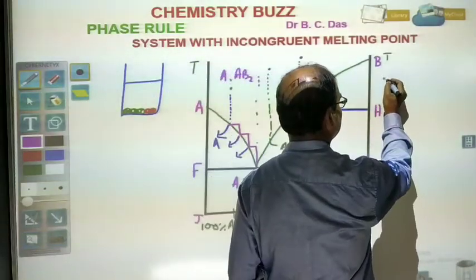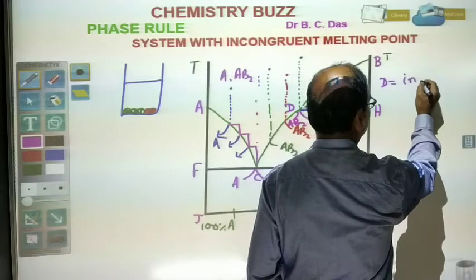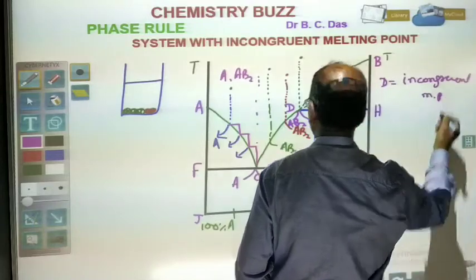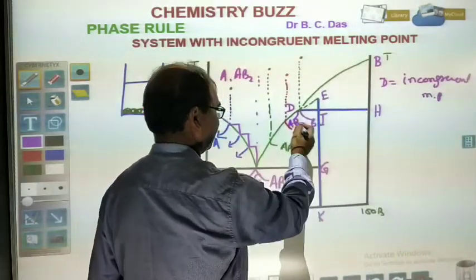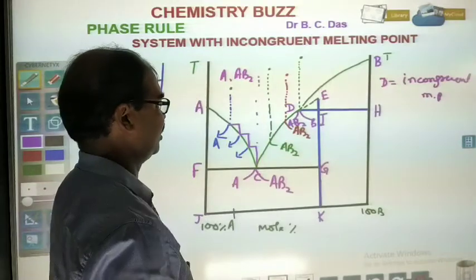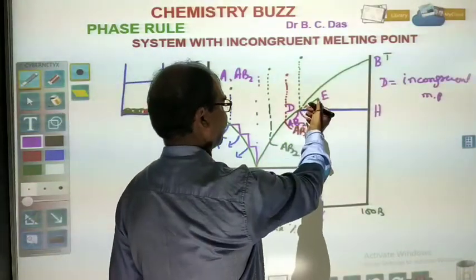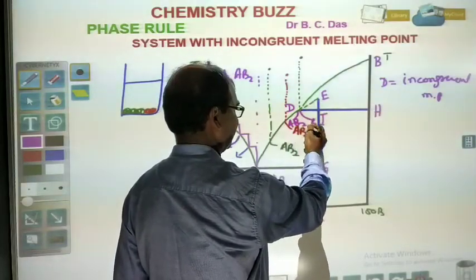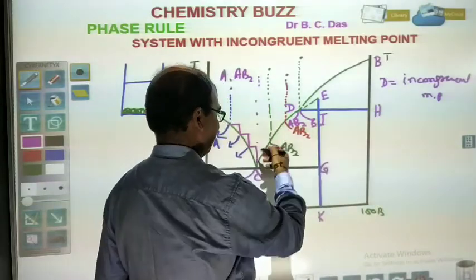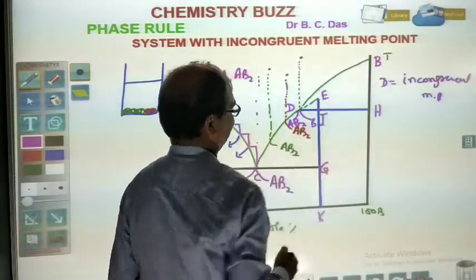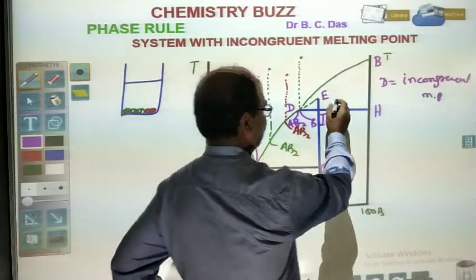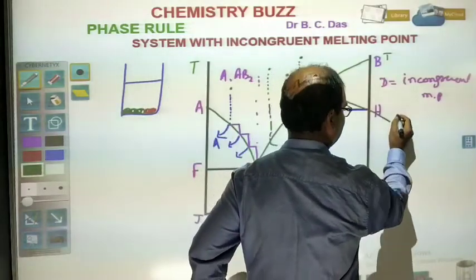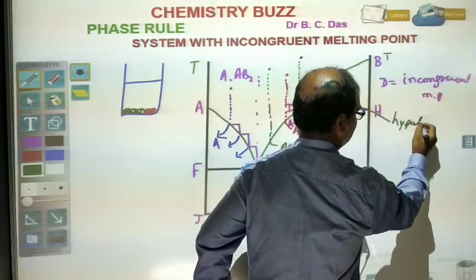So point D is the incongruent melting point. What happens at this point is that AB2 dissociates to form a new compound. If this curve is extrapolated to E, then this E is called the hypothetical congruent melting point.